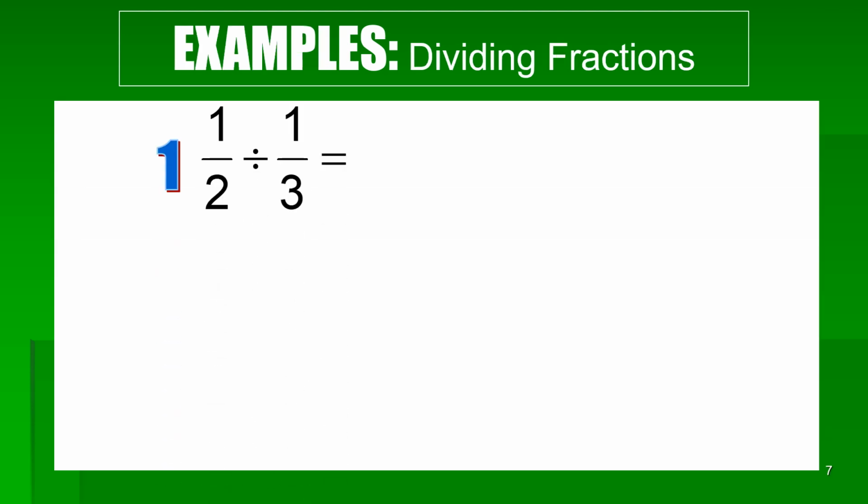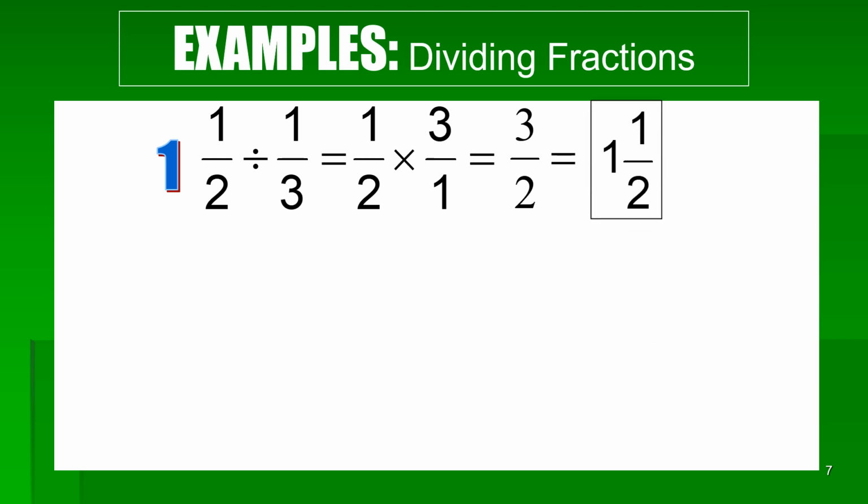Okay, let's have examples. We have 1/2 divided by 1/3. That would be 1/2. Copy the first, change the operation and flip the second. So we have 1 times 3 is 3, 2 times 1 is 2, or that's equivalent to 1 and 1/2.